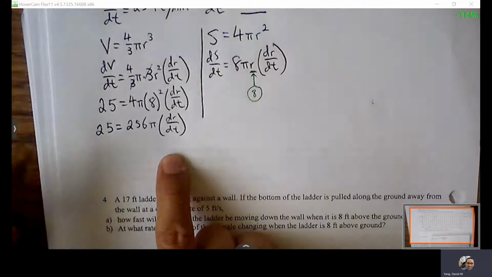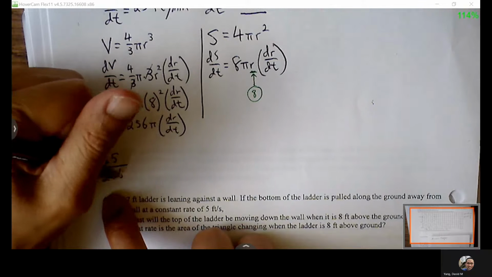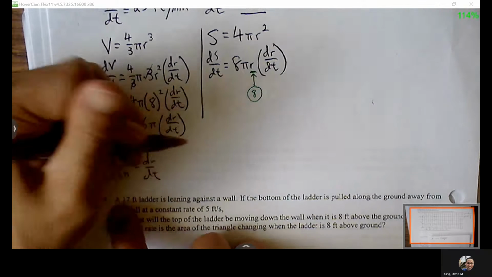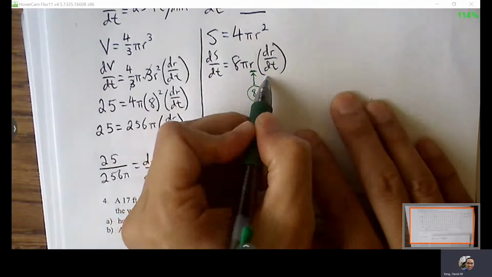Divide that over, get dr/dt by itself. Good. All right, so that's the last missing piece that we need.